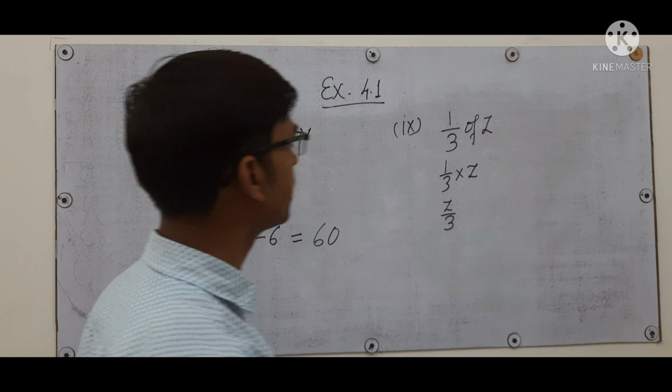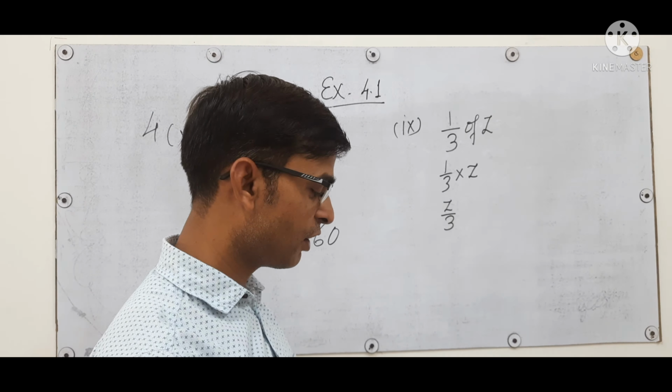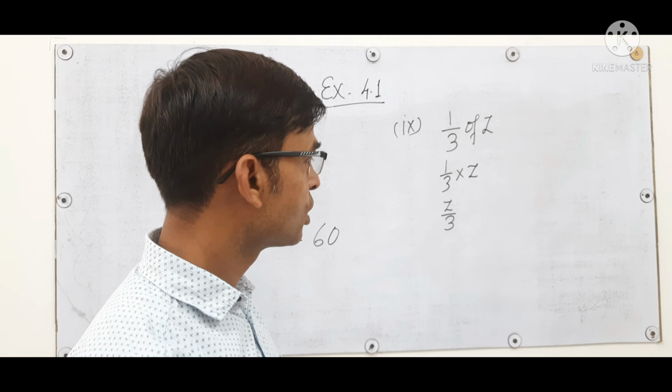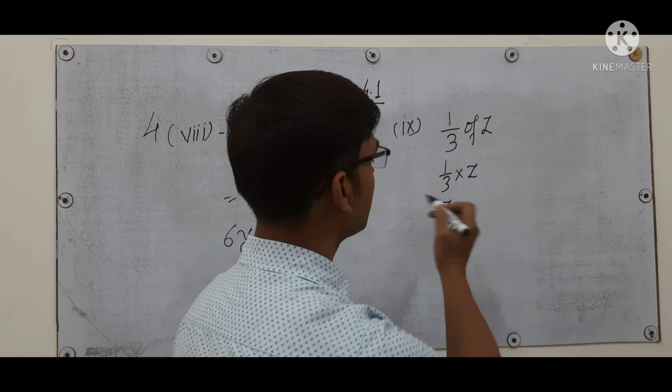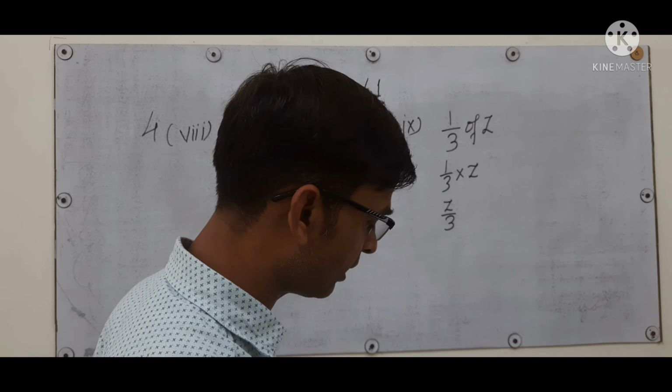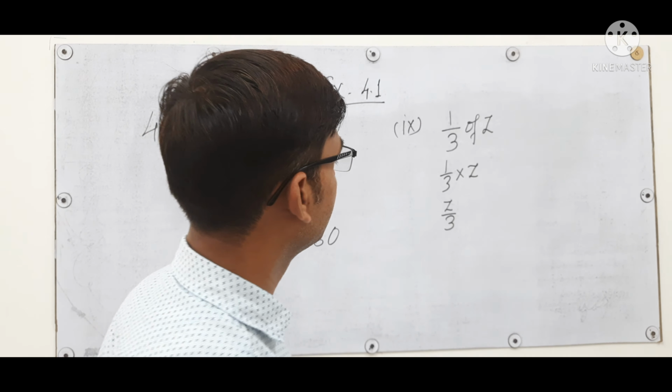So 1/3 of z is z upon 3, and here it is given if you add 3. So we have to just add 3. The first number is z upon 3 and we add 3 to this, then you get 30.